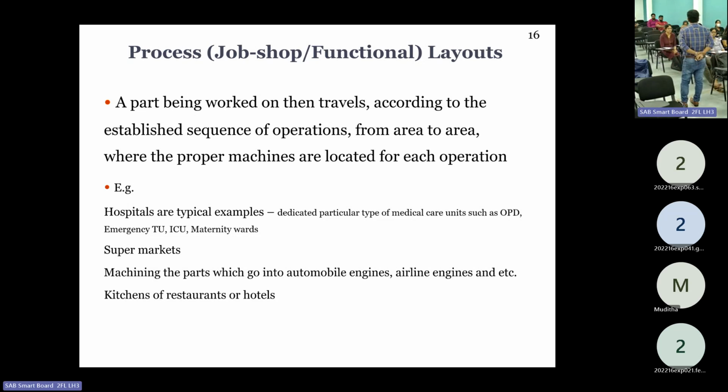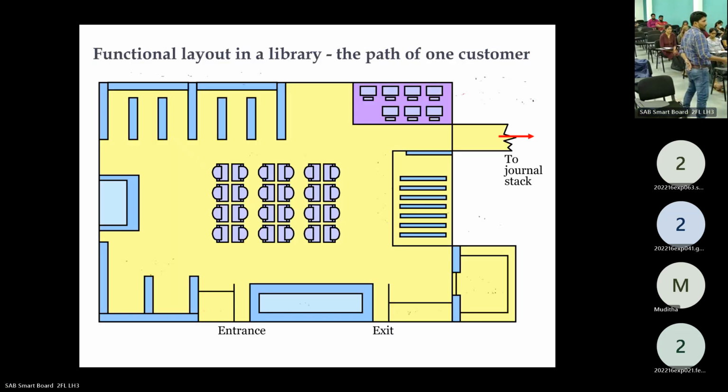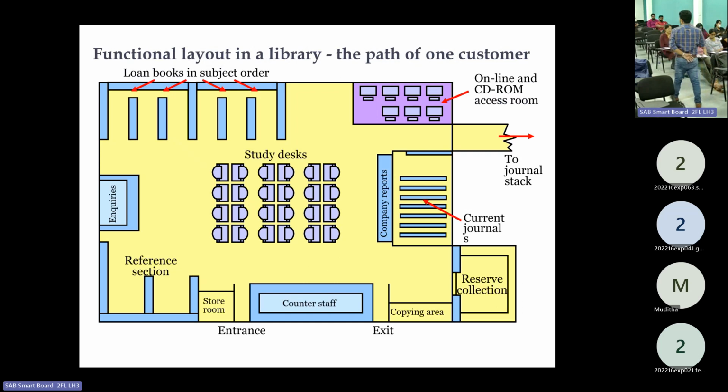Consider this functional, because they have to utilize them for preparing different items. Functional layouts are equivalent. So what you see here as an example is a library. That's a typical example for a functional layout.